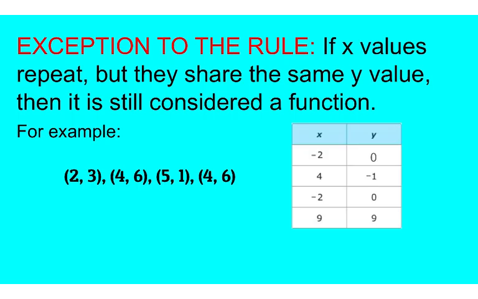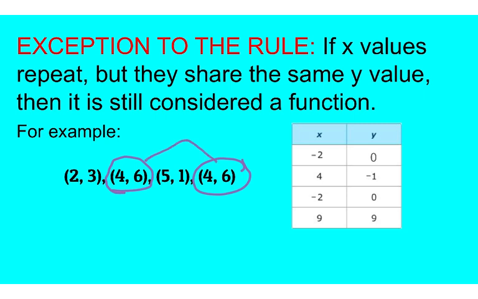You need to remember one exception to the rule, and that is if the x values repeat but they share the same y value, then it is still considered a function. For example, I noticed that I have a coordinate of (4, 6) and another coordinate of (4, 6). It still sticks to the rule where you have one x value affiliated with one y value.